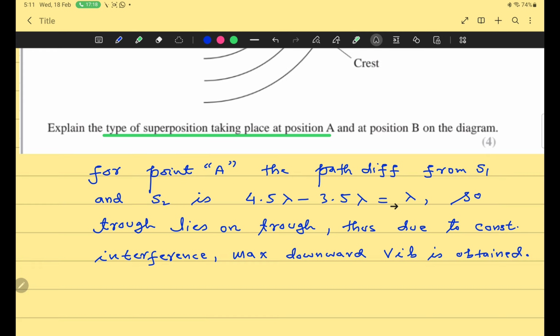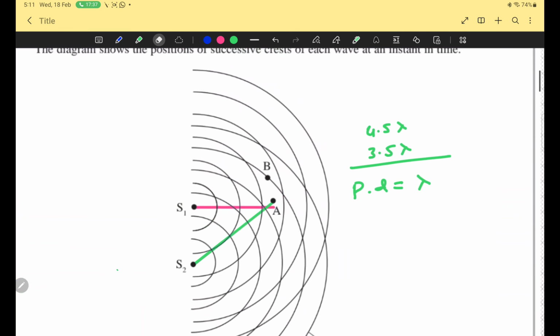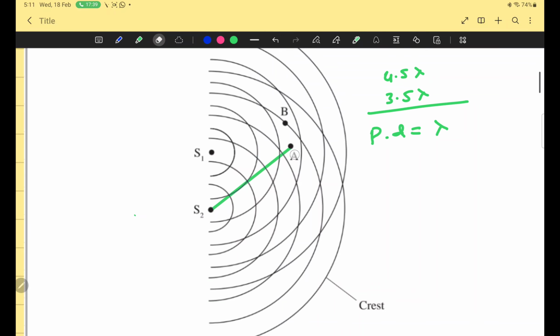Way number one, sir, path difference is 1 lambda. Way number two, sir, trough is on trough. When trough is on trough and the path difference is 1 lambda, then there will be constructive interference. So I have explained that earlier, and now I am moving forward to position B. And the same method I will try to use. Okay, so let's start.